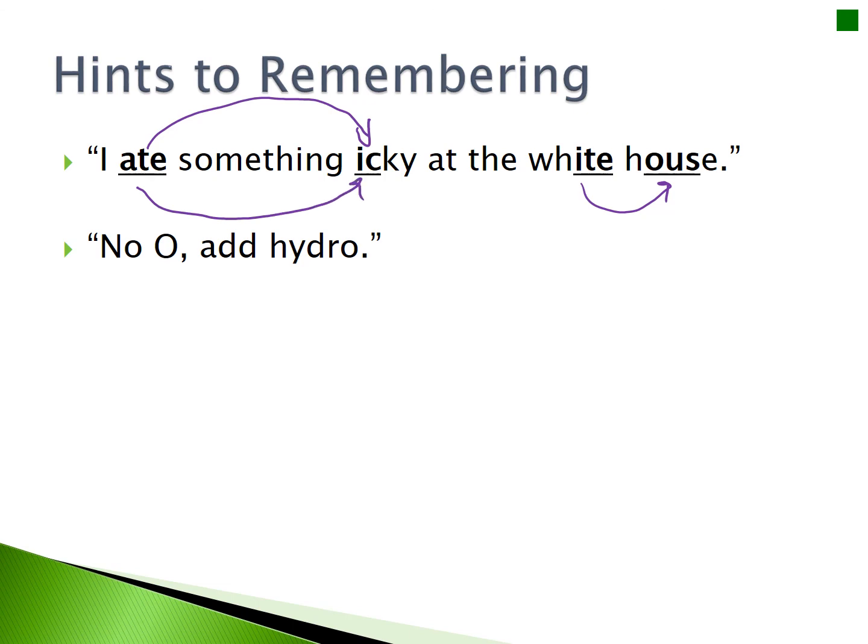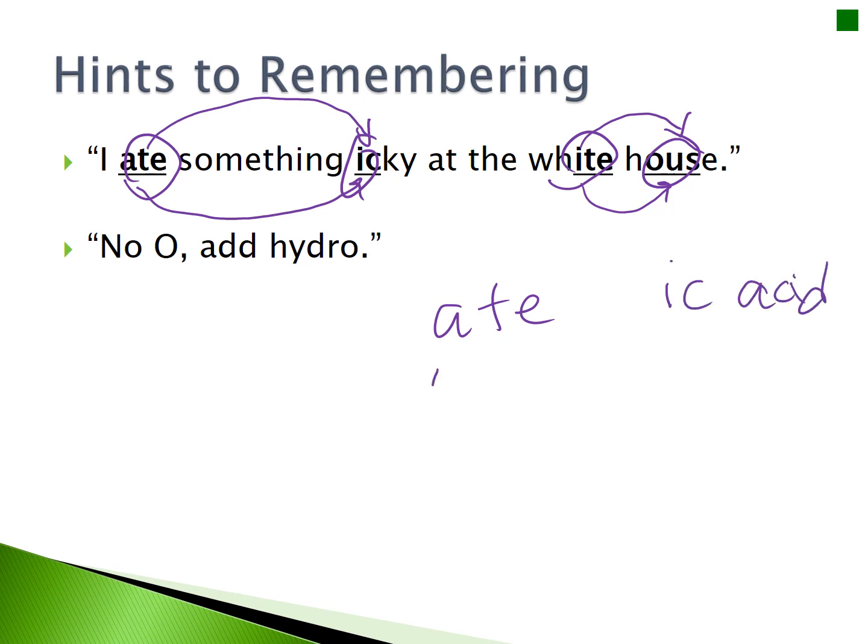And if it's like nitrite, it is going to go to nitrous. Okay, so the ite goes to ous and the ate goes to ic. And so you can write those down really fast on your test. So it's ate goes to ic acid, okay? And then ite goes to ous acid, okay? And that's all because I ate something icky at the White House.